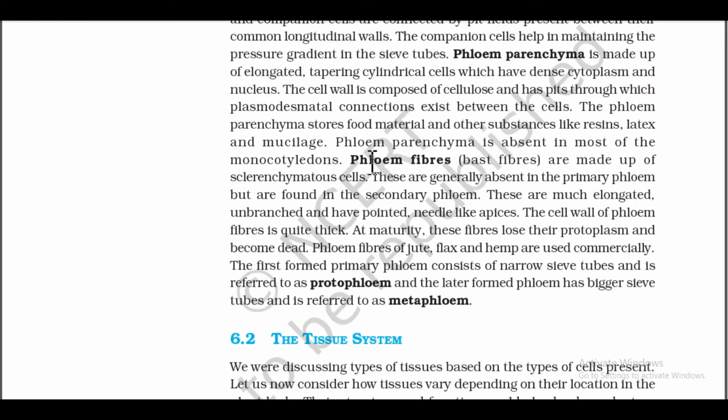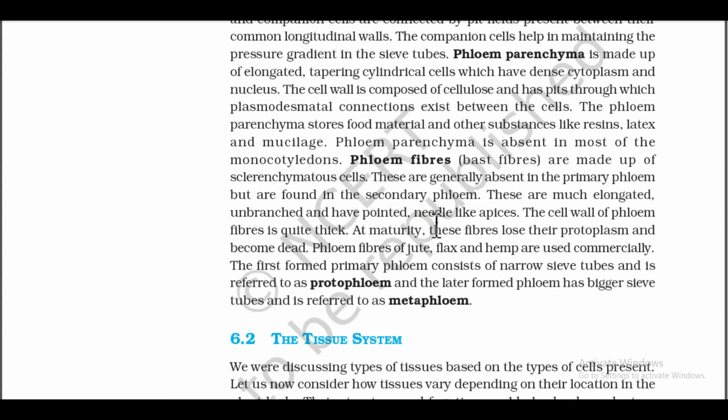Phloem fibers, bast fibers, are made up of sclerenchymatous cells. These are generally absent in primary phloem but are found in the secondary phloem. These are much elongated, unbranched and have pointed, needle-like apexes. The cell wall of phloem fibers is quite thick.